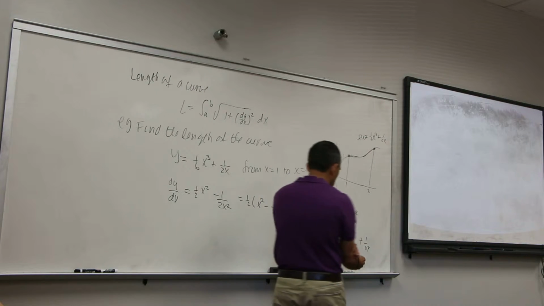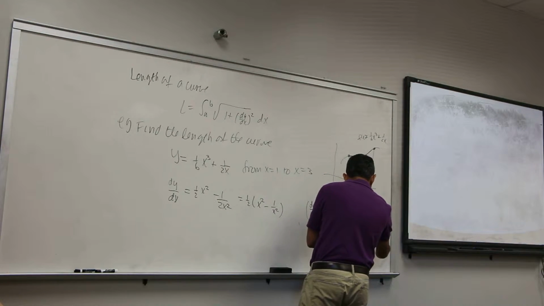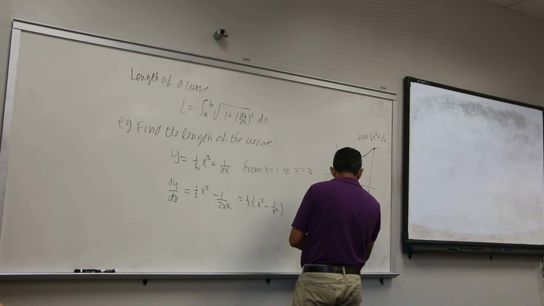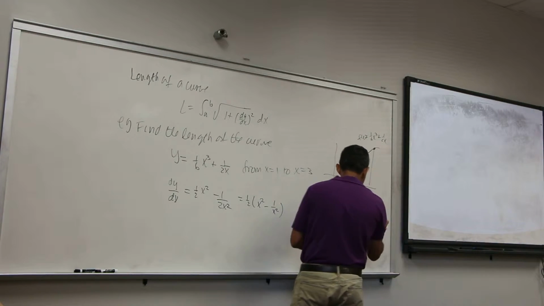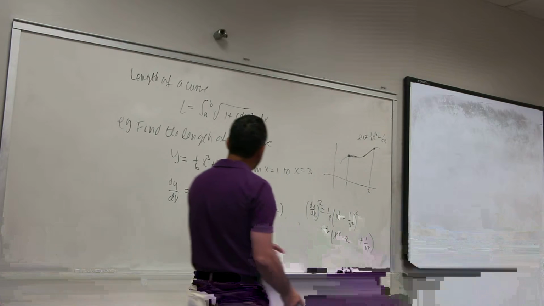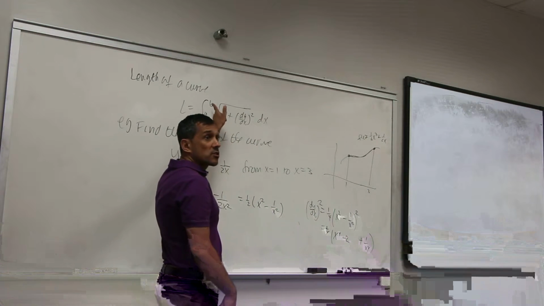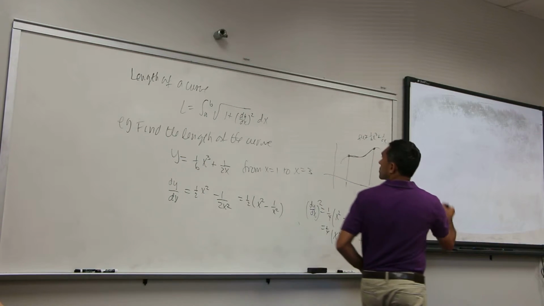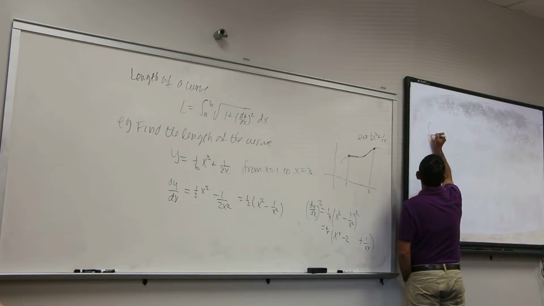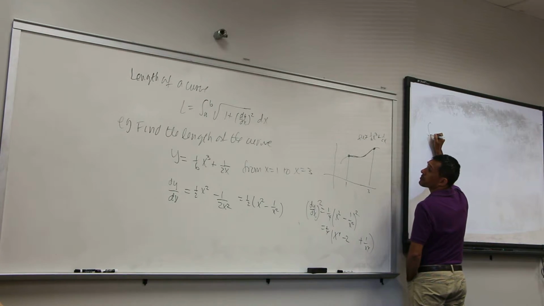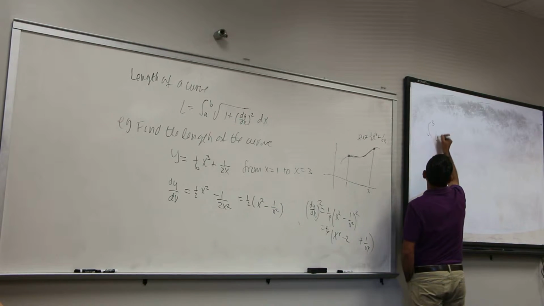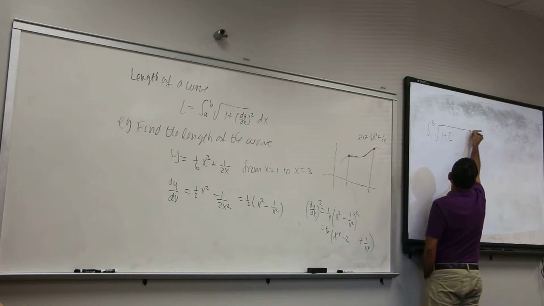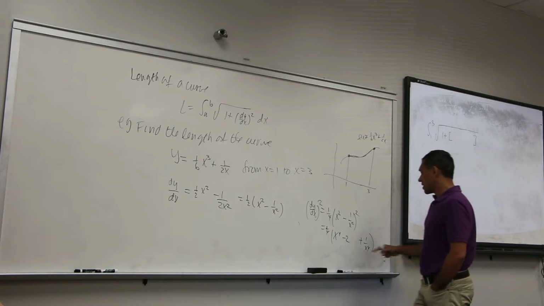I have 2 of those. So now I have to add 1 to this, take the square root, and integrate. So we're going to integrate from 1 to 3 the square root of 1 plus this.